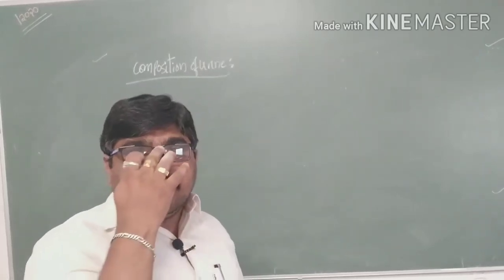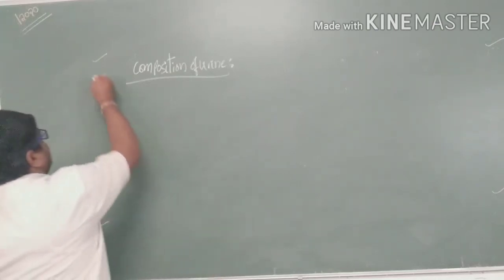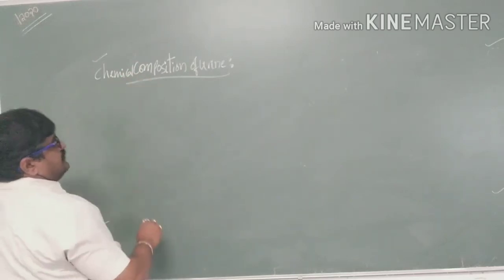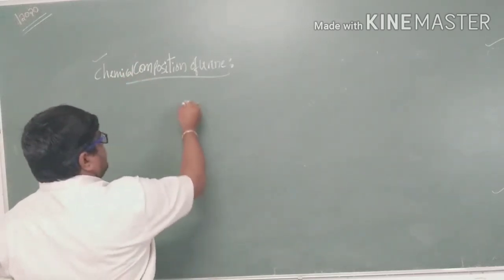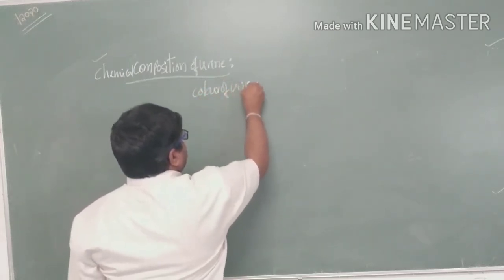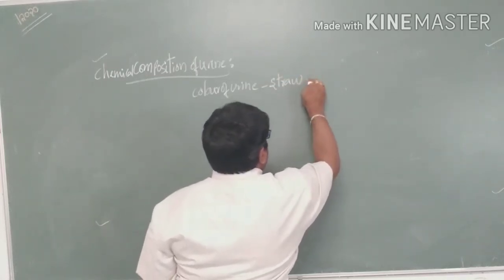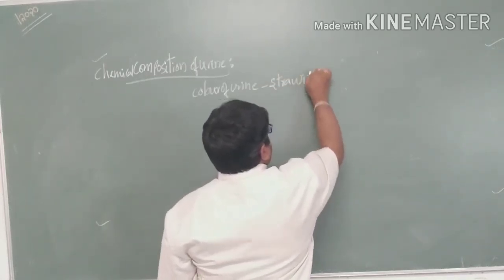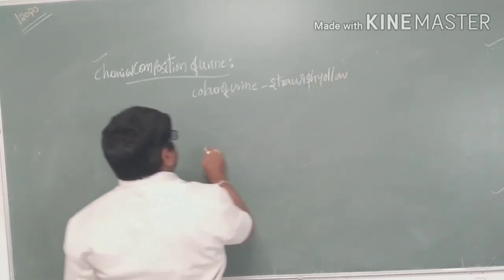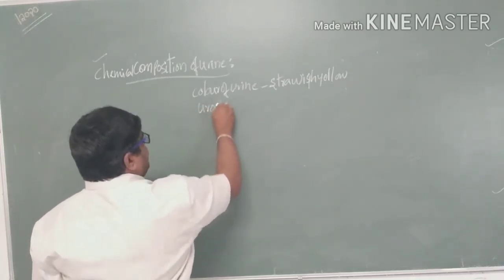Now coming to the chemical composition of urine. The color of the urine is straw-yellow, where it consists of pigments called urochromes.